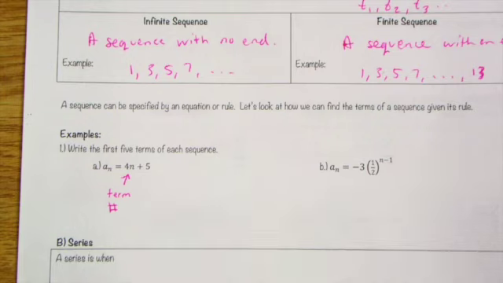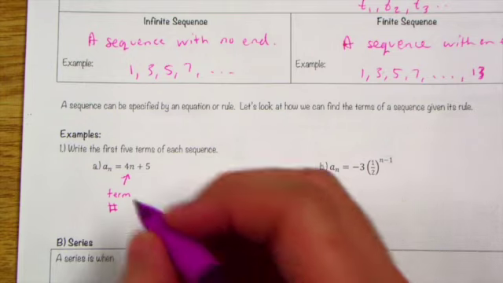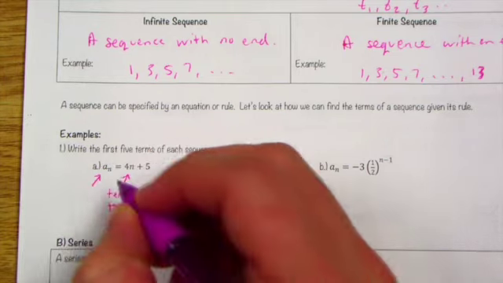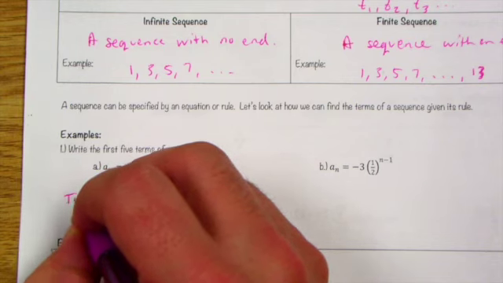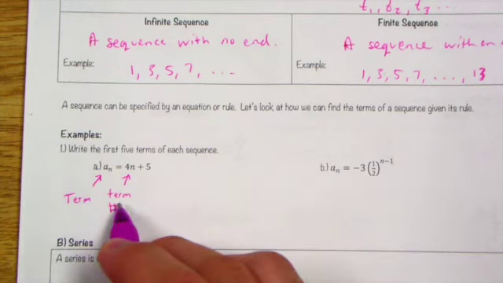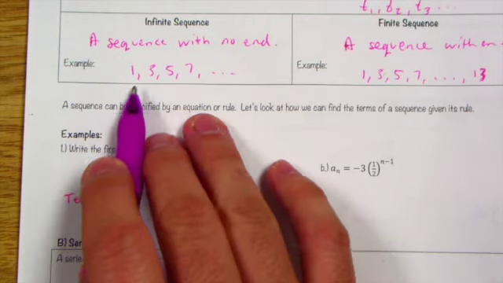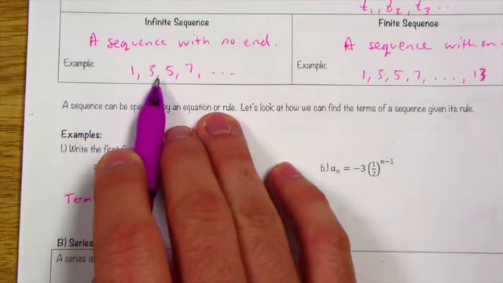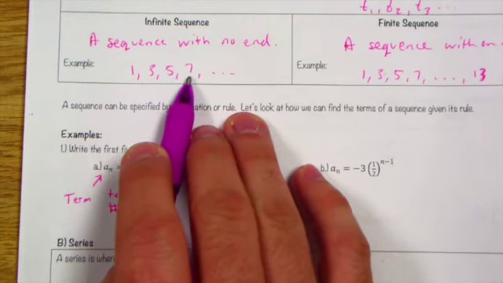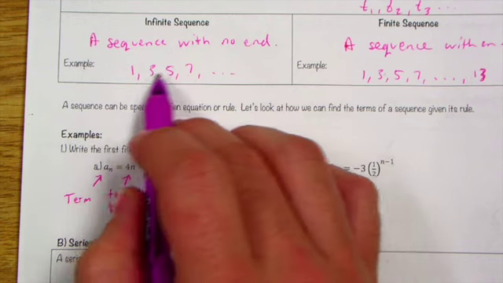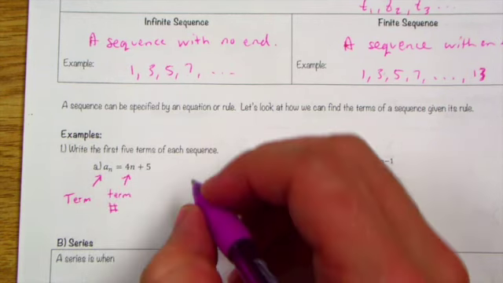The a sub n is the actual term. So this is term 1, this is term 2, term 3, term 4, and then the term is the actual value. So you'll see what I mean here.